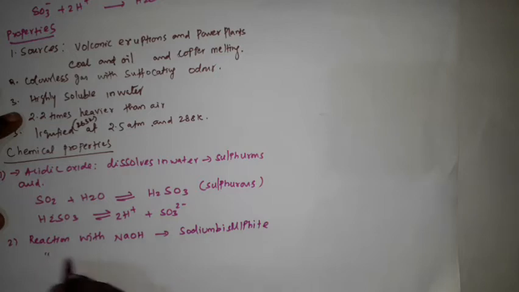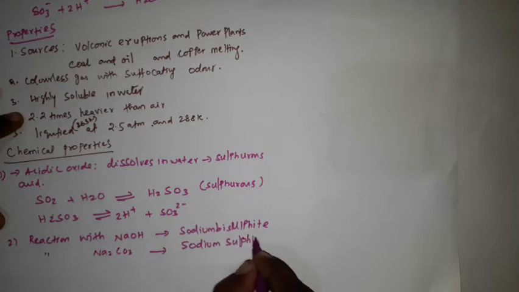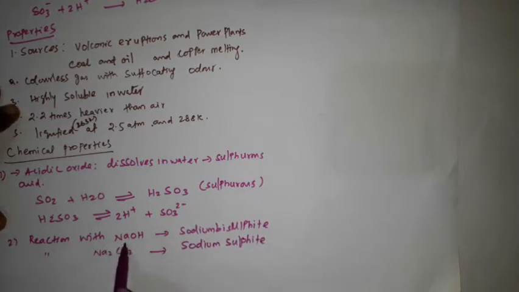Then with Na2CO3, sodium carbonate, it will produce sodium sulfite. Okay. So when sulfur dioxide reacts with sodium hydroxide, it will produce sodium bisulfite. When it reacts with sodium carbonate, it will produce sodium sulfite. Okay.